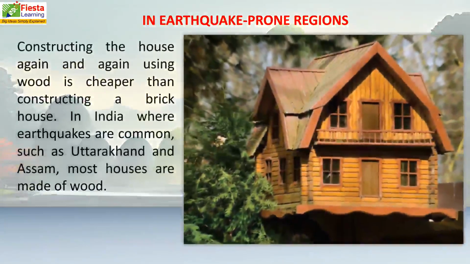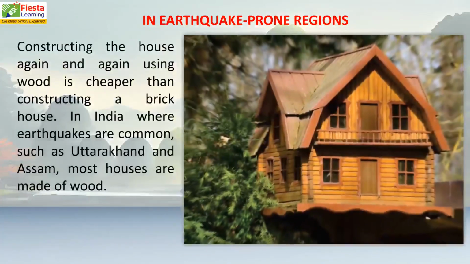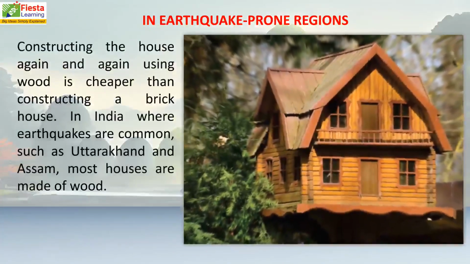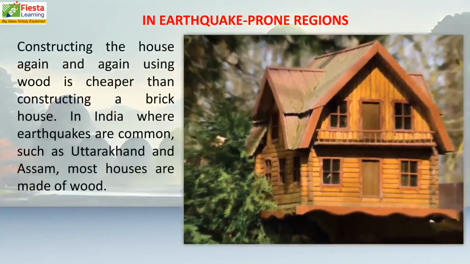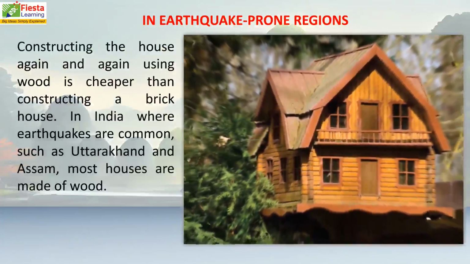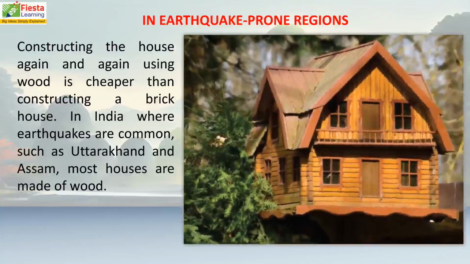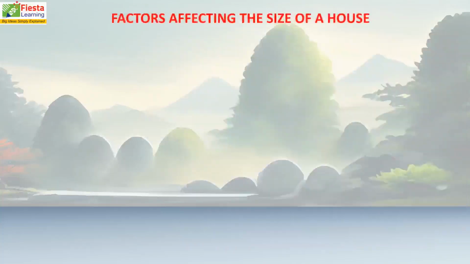Constructing a house again and again using wood is cheaper than constructing a brick house. In India, where earthquakes are common, such as Uttarakhand and Assam, most houses are made of wood.